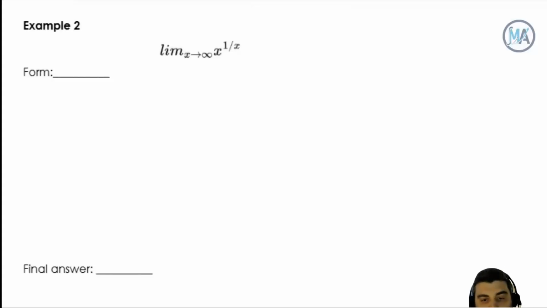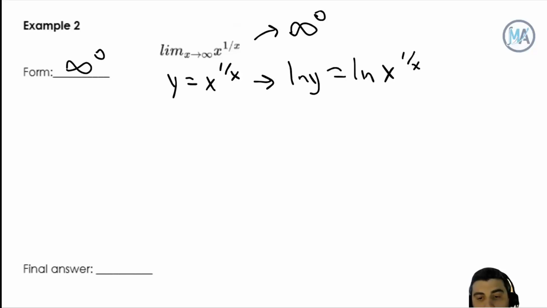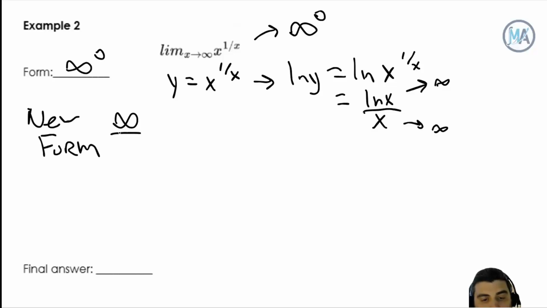Here's our next example. If we let x approach infinity, this would approach infinity to the 0 power, which is the form infinity to the 0. Now we let y equal the function, take the natural log of both sides, and apply the power property. Now the numerator as x approaches infinity is infinity, and so is the denominator. So the new form is infinity over infinity.